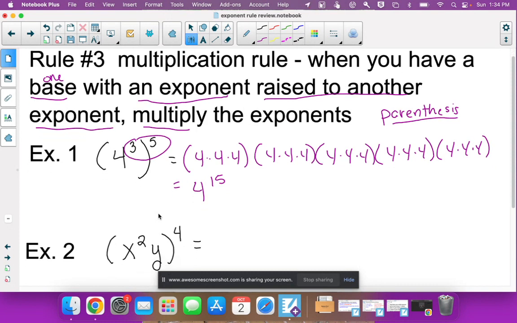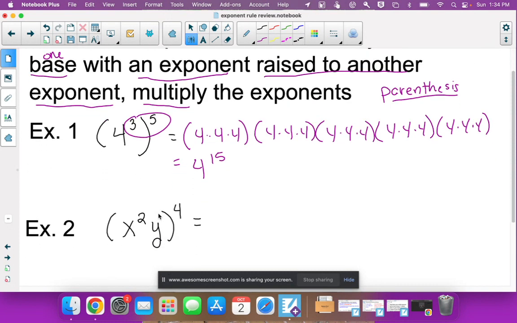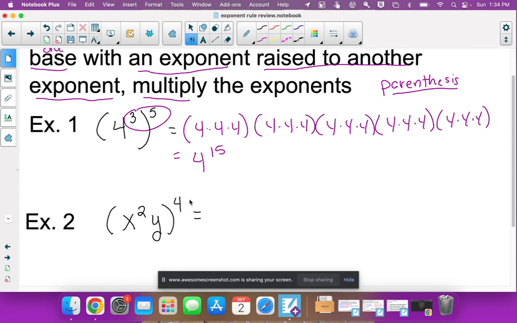Okay. Another part of the multiplication rule is it's a lot like distributing because I have to make sure I'm putting all of these things to the fourth power, right? Again, if I write it out, what I have in the parentheses is 2 x's and a y, and that tells me that I have 4 of those.